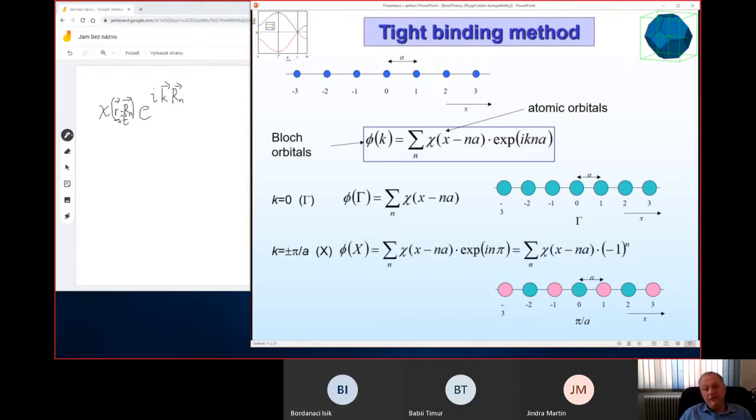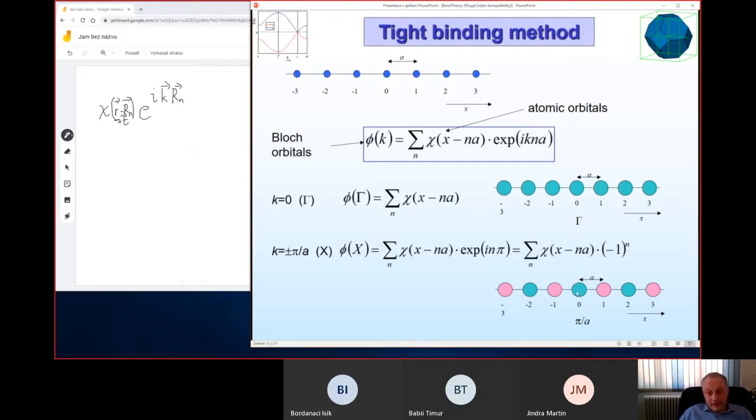If it is even, then we have a plus sign of this exponential function, while if it is odd, then it is a minus sign. So this exponential at the edge of the Brillouin zone changes the sign depending on whether we are in the odd or even unit cell.